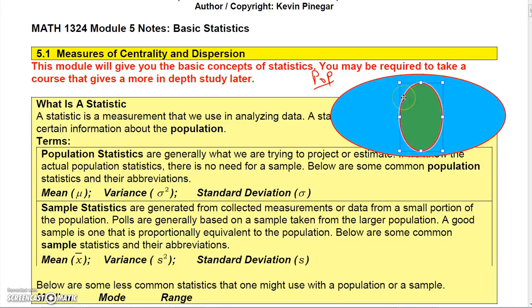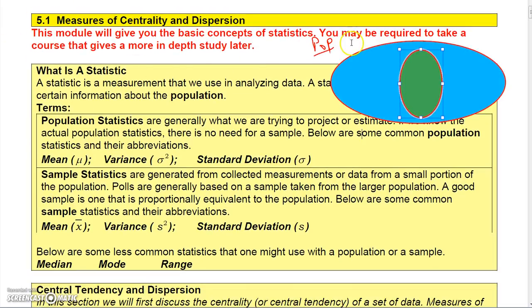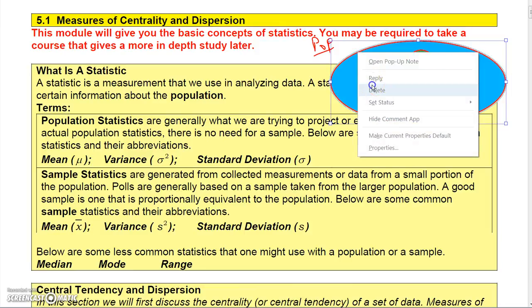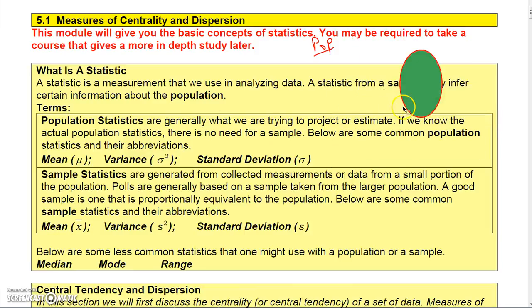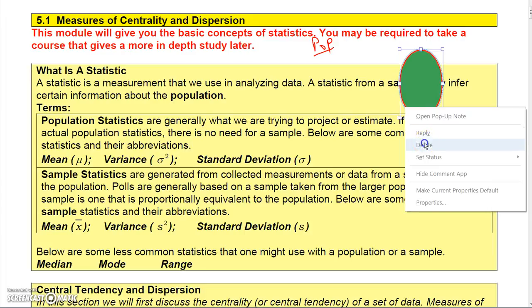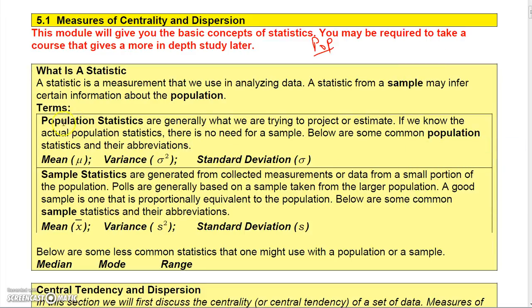So when you take a sample, you want the sample to be fairly representative of the population that you're working with. And when we're working with populations, we're probably not going to know what the population statistics are, because if we know the population statistics, then there's no reason to take a sample.